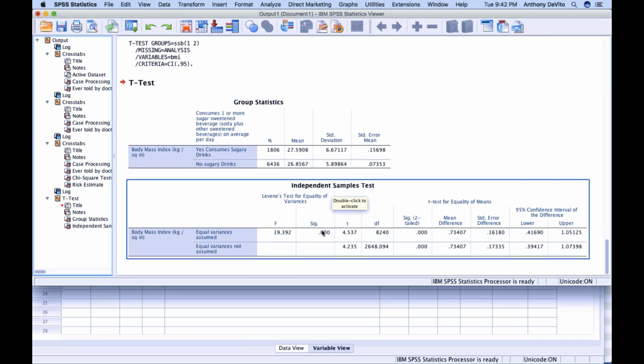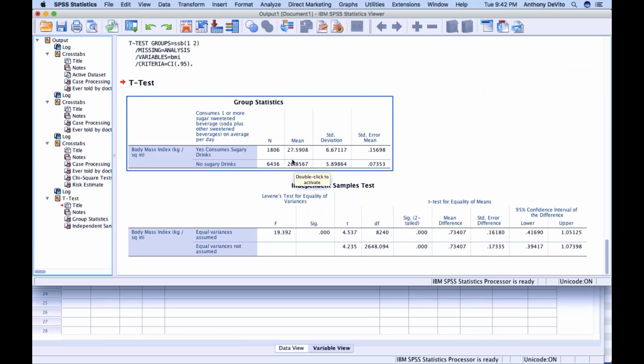So now I'm going to click OK, and it's going to perform a t-test for me. And sure enough, here is our t-test, right? And it tells me that the mean body mass index for people who drink sugary drinks is 27.6, and the mean body mass index for people who don't drink sugary drinks is 26.8. Well, it looks like people who drink sugary drinks have a higher body mass index. Is this statistically significant? Again, what's our null hypothesis?